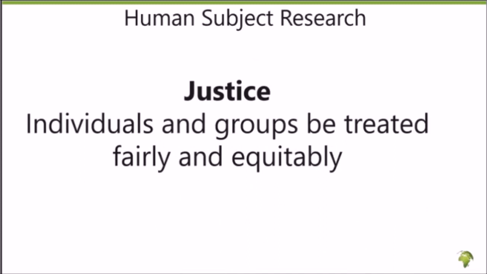The third principle is called justice, where individuals or groups should be treated fairly and equitably. Assuming you are conducting research that involves people of different classes in the society, you don't administer the questionnaire to this class differently and to this other class differently, because of the class they are in.